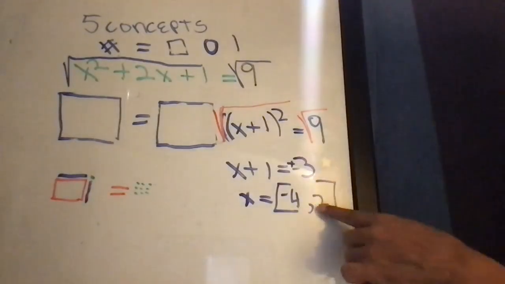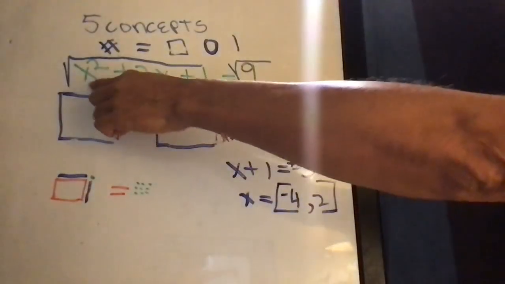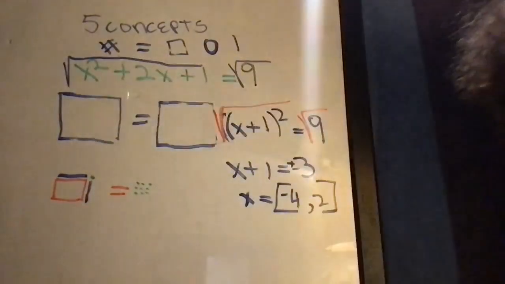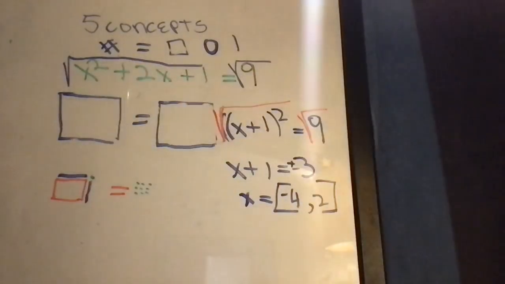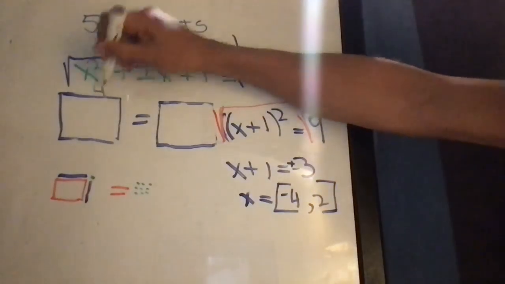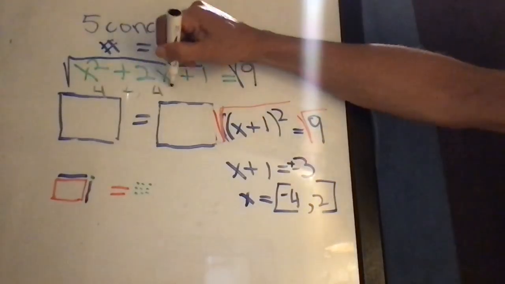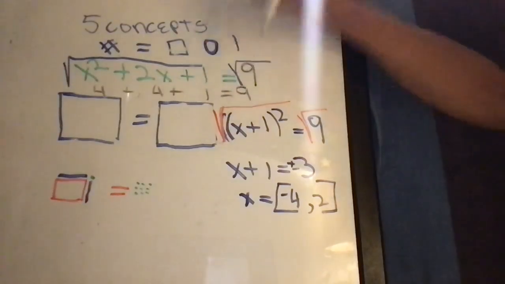All right, so let's evaluate. But I'm not going to evaluate using blocks. I'm going to evaluate using symbols. Let's see here. 4, because that says that 2 times 2 is 4, plus 2 times 2 is 4, so 4 plus 4 plus 1 is sure enough the same thing as 9.